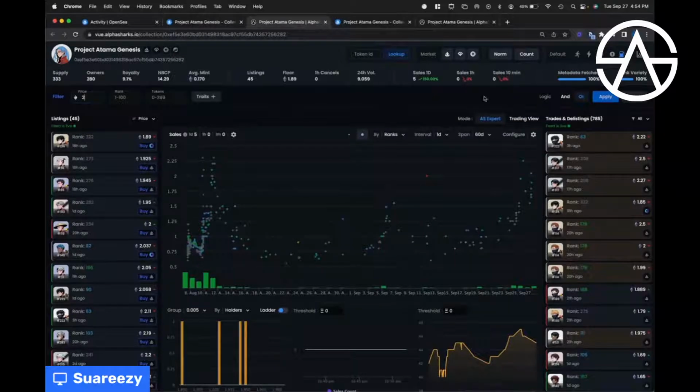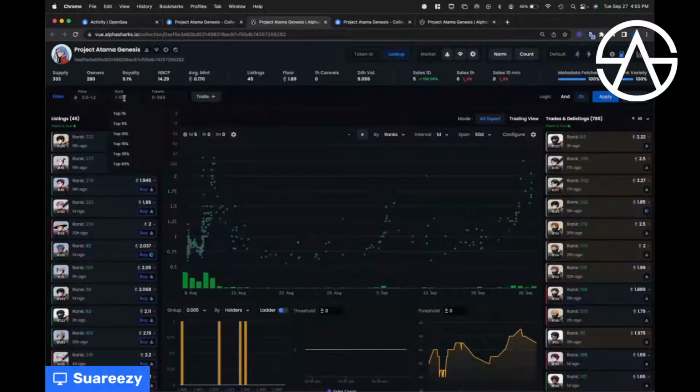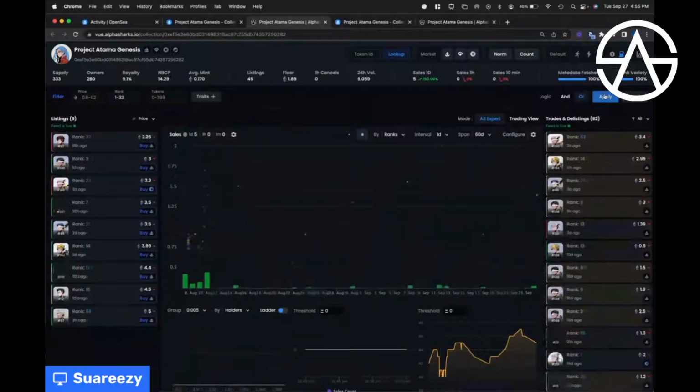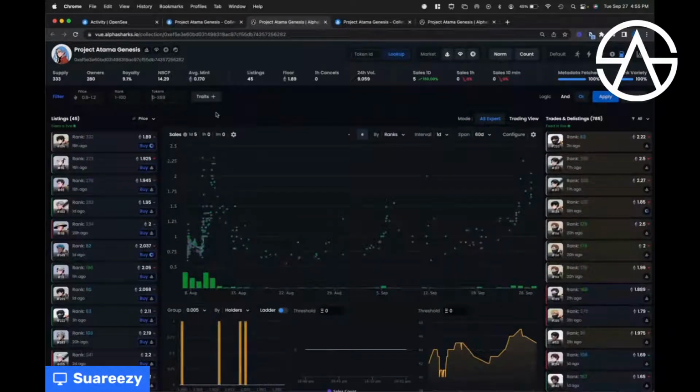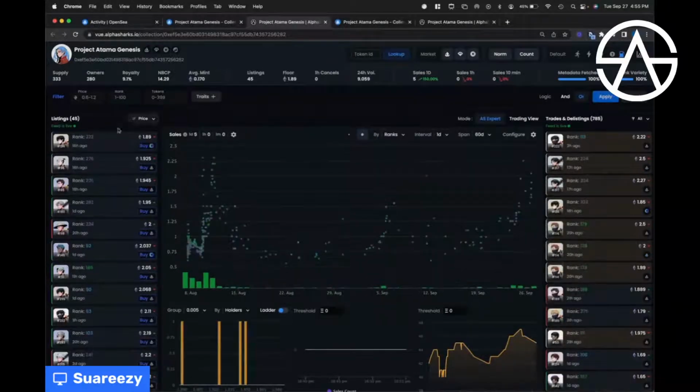You can apply that and that would pop up and filter that as well. Let's say you wanted to do only top 10% ranks, you can filter that as well. If you wanted to see only tokens 1 through 100, you're able to filter that as well. So lots of different features that you can do.